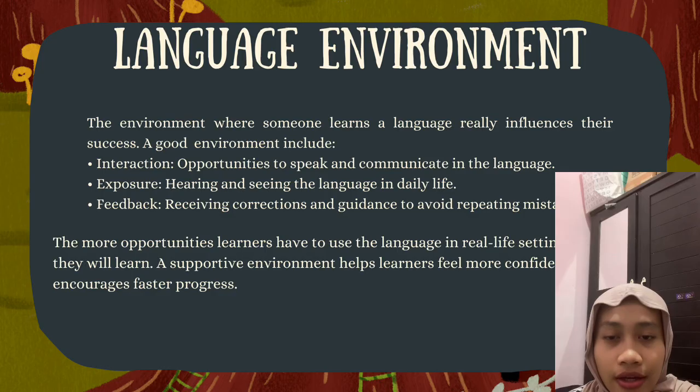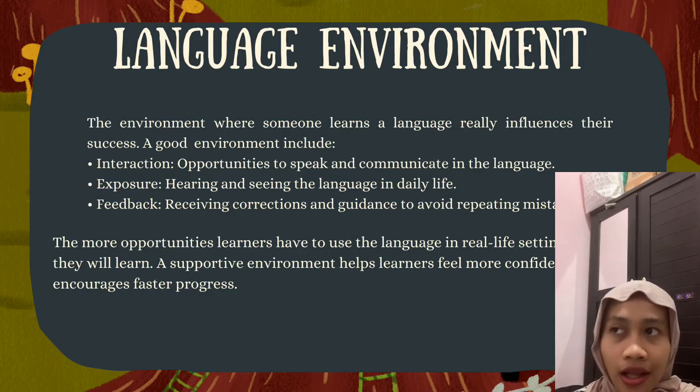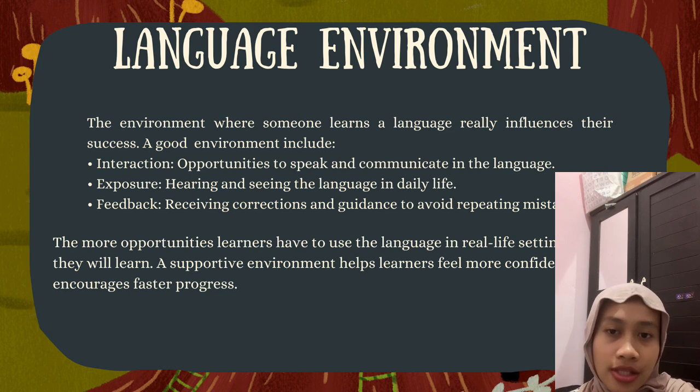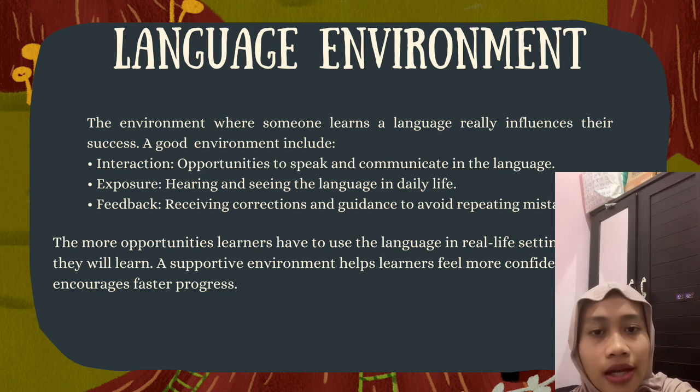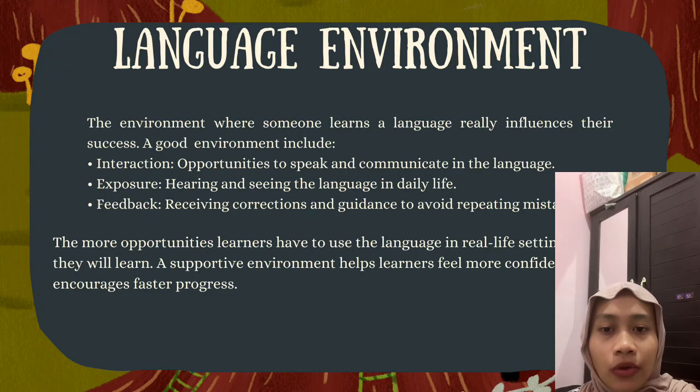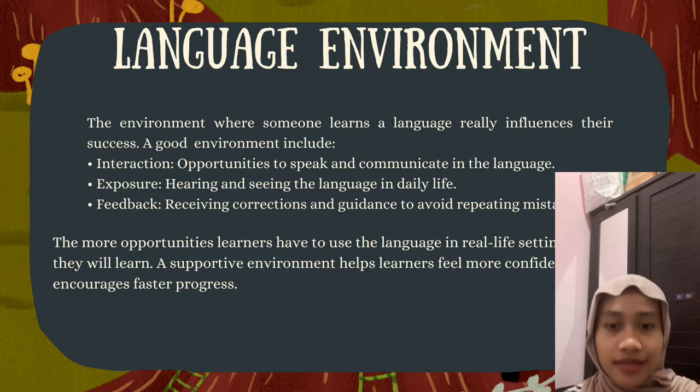And then feedback, receiving corrections and guidance to avoid repeating mistakes. The more opportunities learners have to use the language in real-life settings like classrooms, schools, the better they will learn. A supportive environment helps learners feel more confident and encourages faster progress.